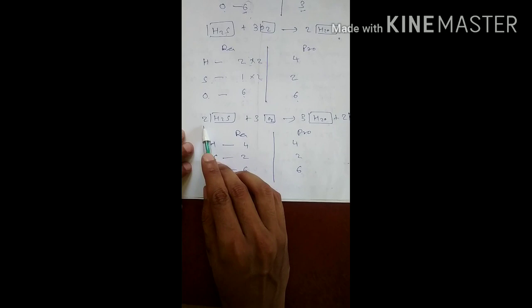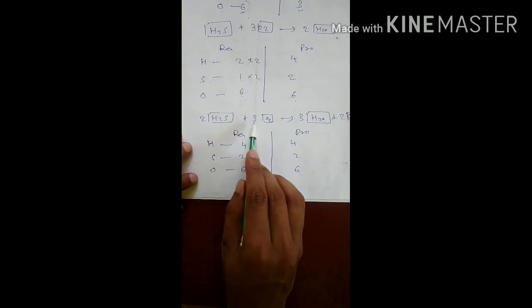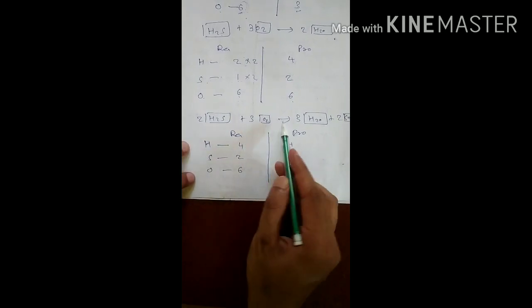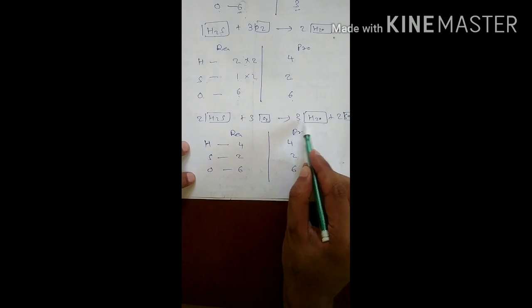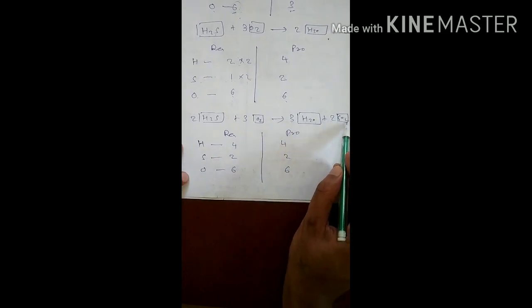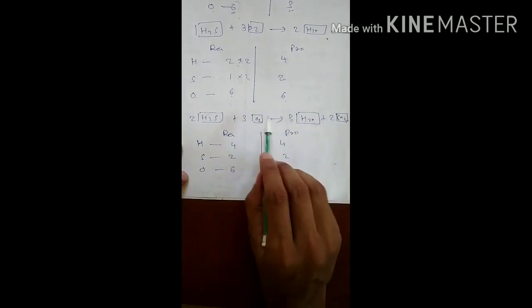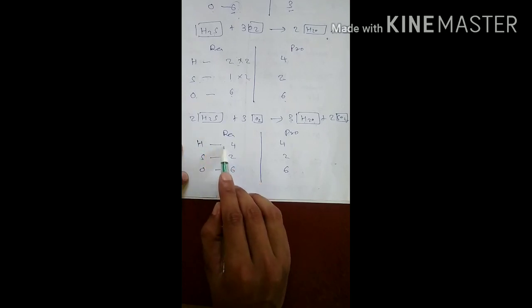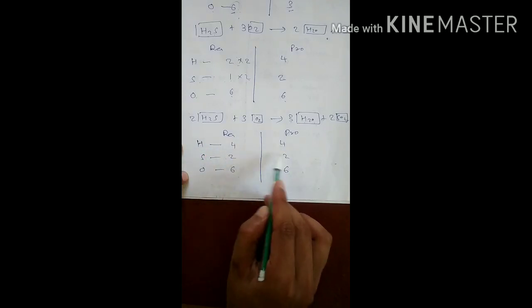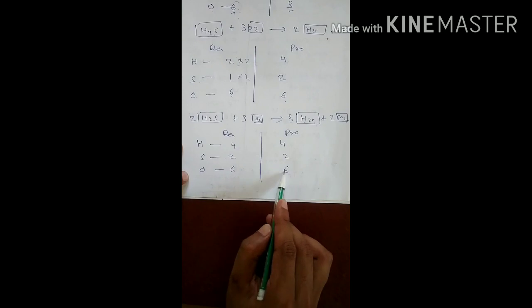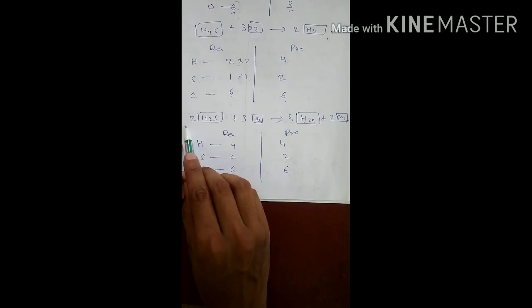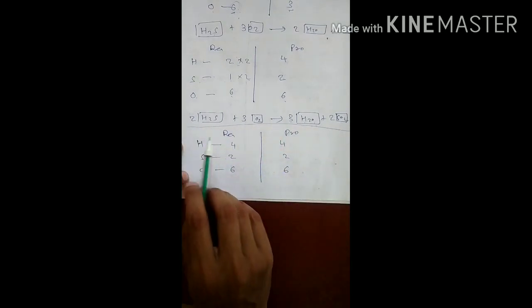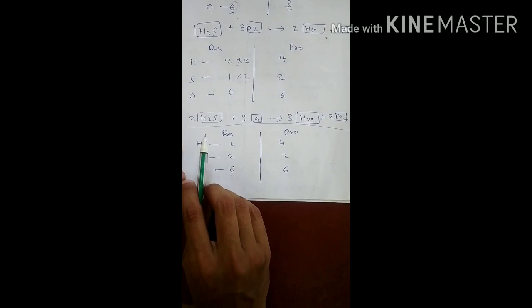So I will get 2H2S plus 3O2 gives 2H2O plus 2SO2. Now you can see hydrogen is 4 on both sides, sulfur is 2 on both sides, and oxygen is 6 on both sides. So this is our balanced equation. Okay.